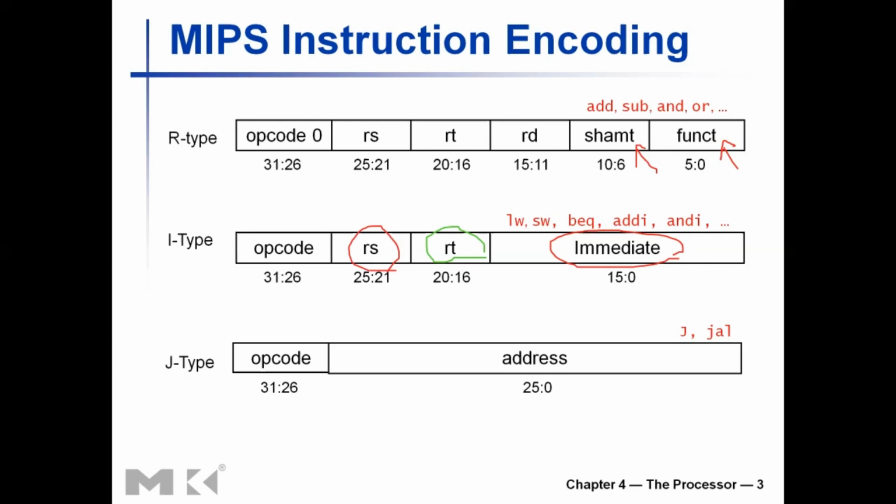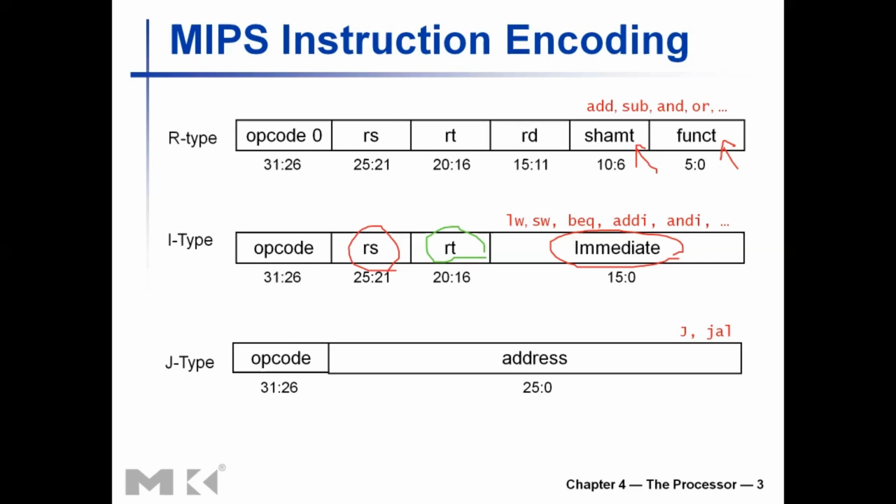So R-type instructions all have 0 opcode. J-type instructions have opcode number 2 and 3. All the other opcodes that you can form with the opcode field go under the I-type category.